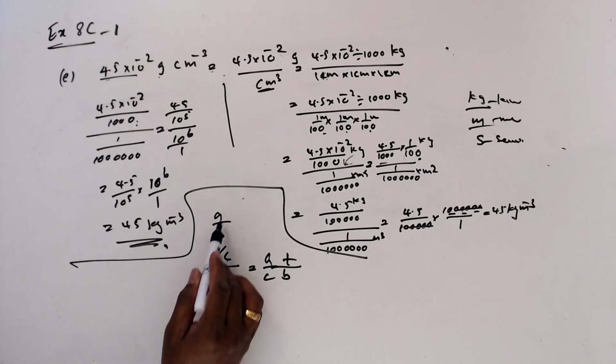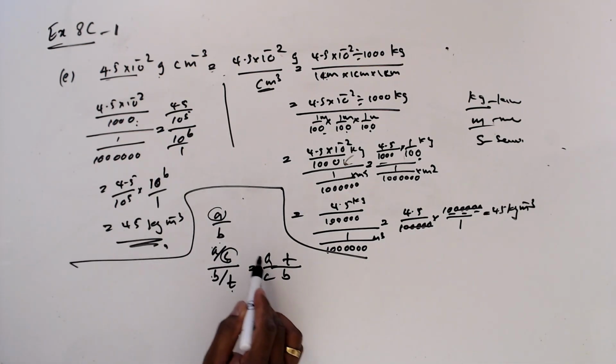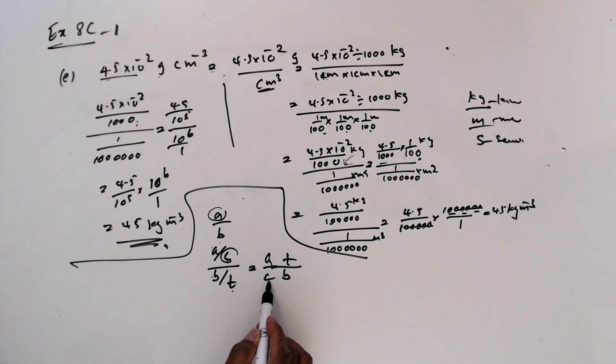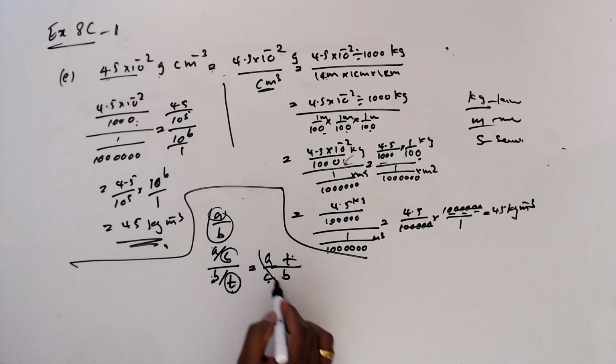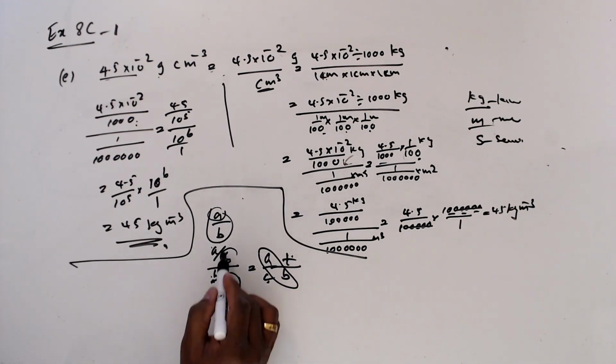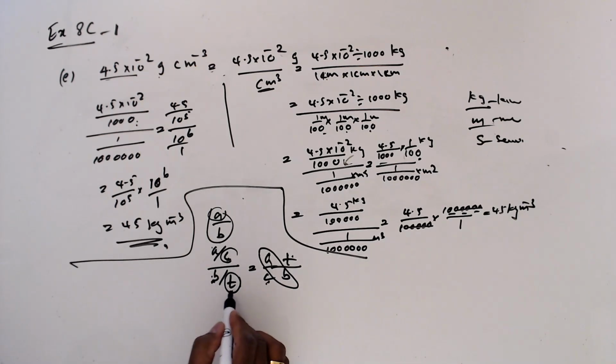So if you divide the numerator by a value, that value goes in the denominator. If you divide the denominator by a value, that value goes in the numerator. So AB as it is, numerator division goes to the denominator, denominator division goes to the numerator.